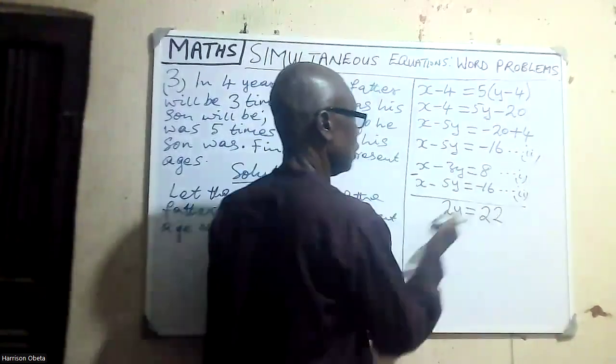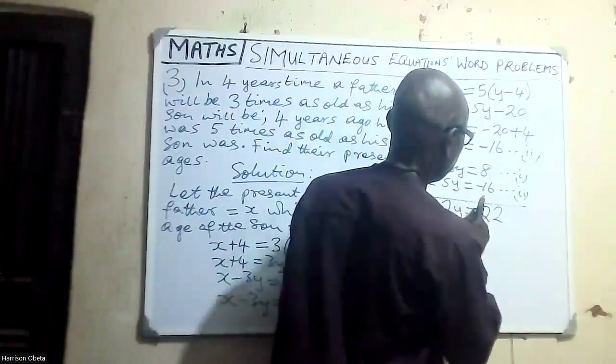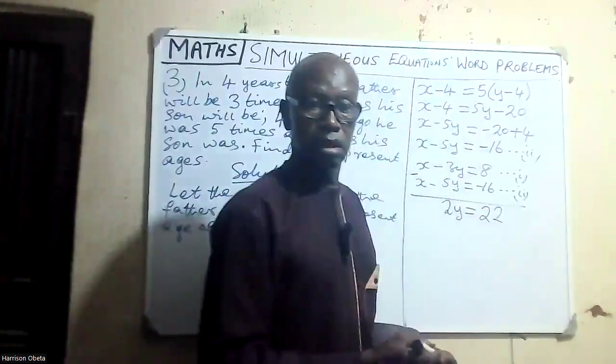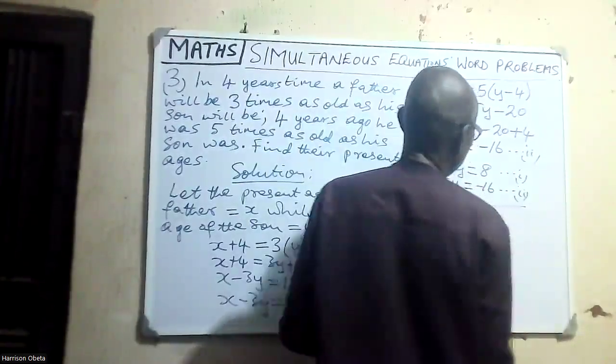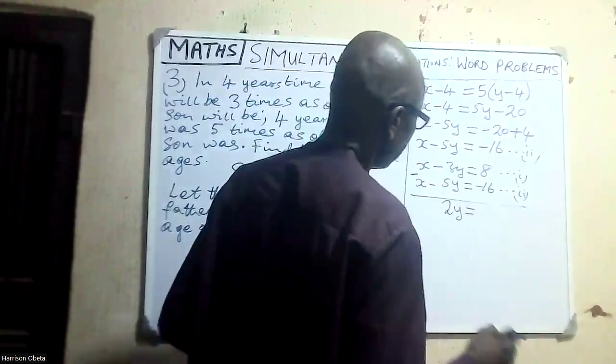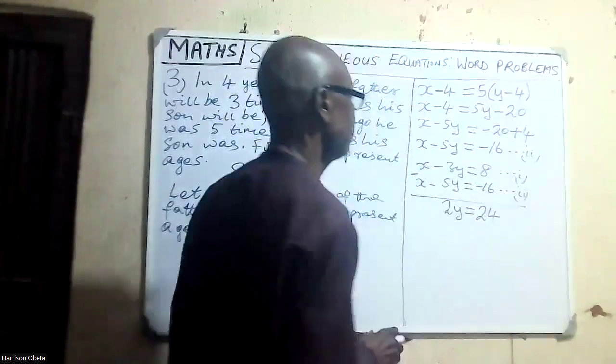So if 2y is equal to 22, sorry, that should be 24, please. 24. Okay.